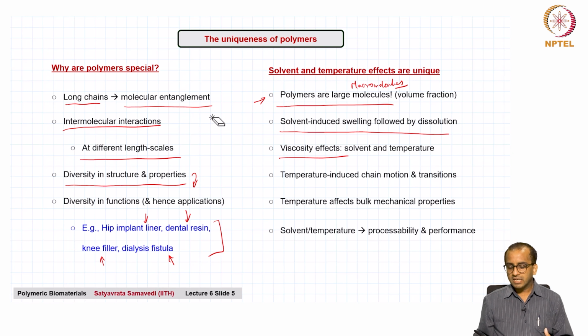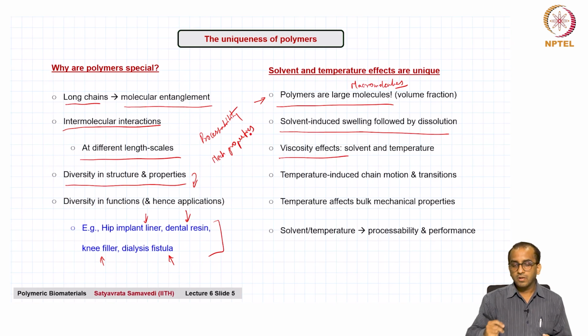This is a very interesting dilemma in polymers, which is, on the one hand, you want processability, and on the other hand, you want good mechanical properties. As you will see later, if you have very long chains, very high molar mass, mechanical properties can go up, but that reduces the processability, and vice versa.